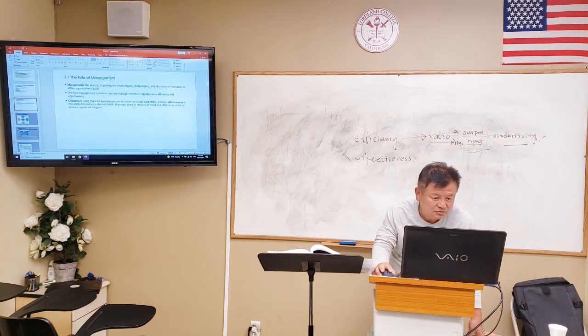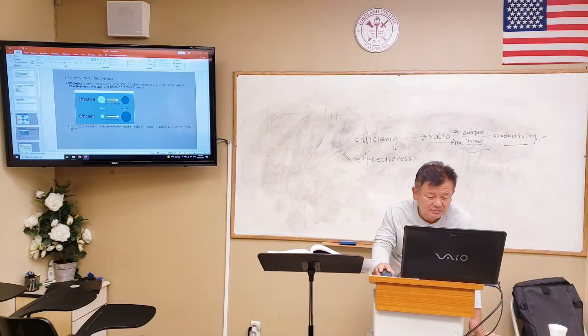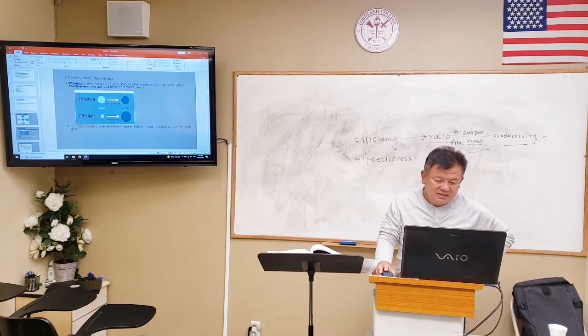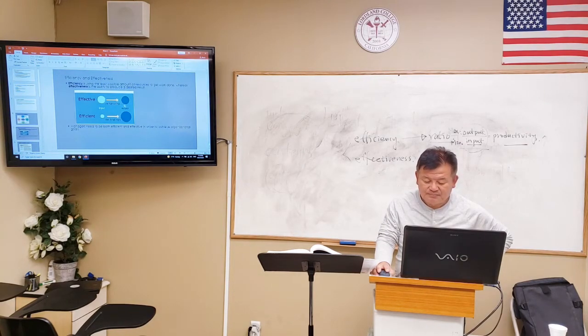Okay, let's move to efficiency and effectiveness. Explain the illustration. Efficiency is using the least possible amount of resources to get work done, whereas effectiveness is the ability to produce a desired result. Effectiveness is doing the right things, but efficiency is doing things right. That means it's a ratio concept.